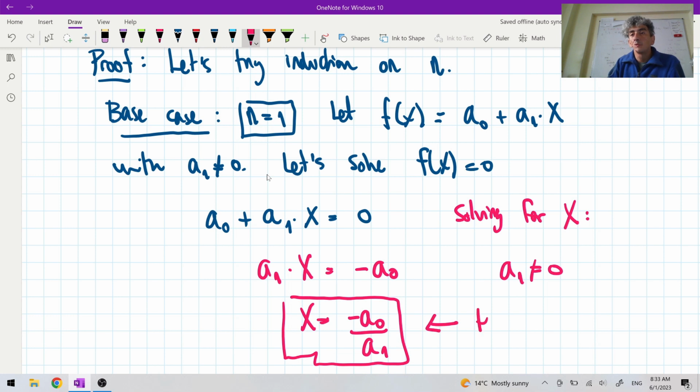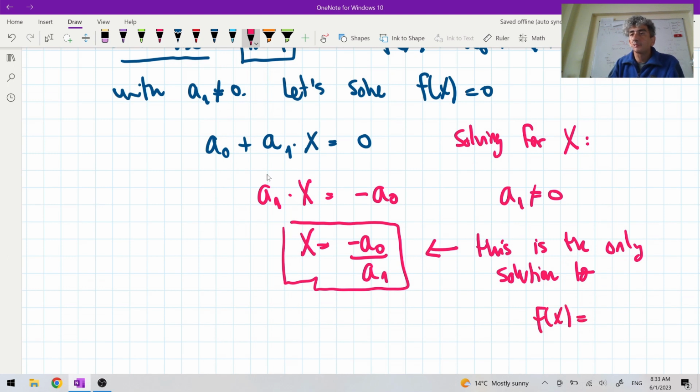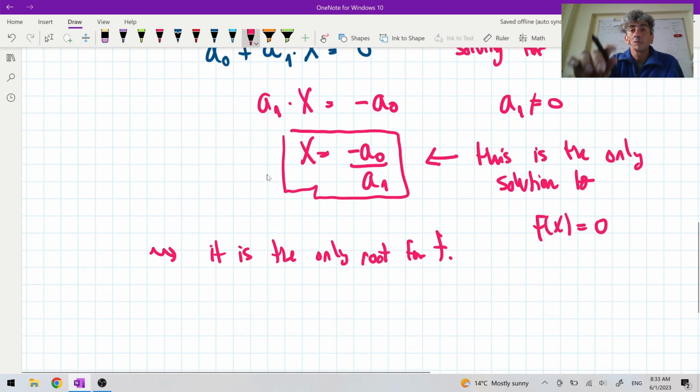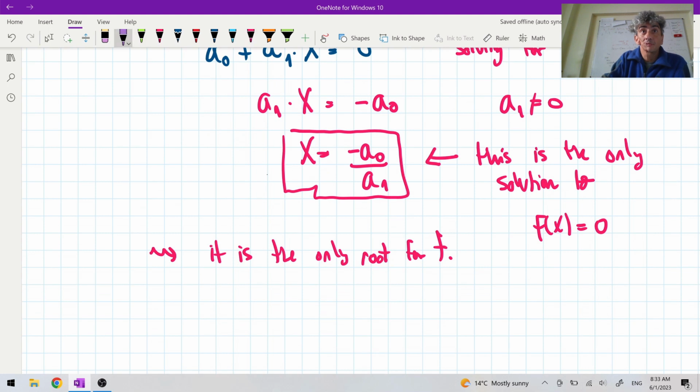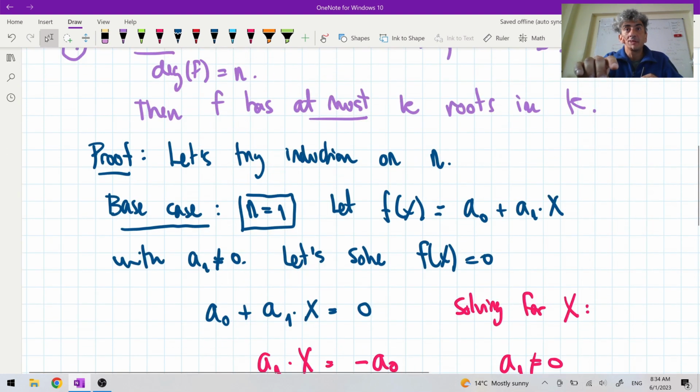So this is the only solution to f of x equal to 0, then it is the only root for f. So this says that the theorem is true for n equal to 1. We have proven the theorem in the base case, for polynomials of degree 1.